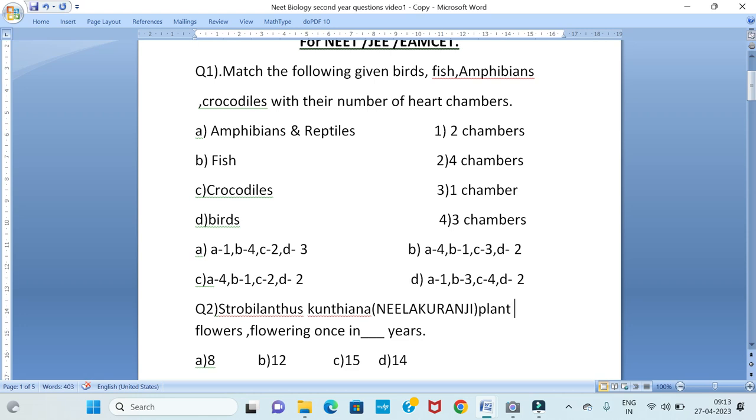So Strobilanthu has 12 letters. So 12 years, because I am deleting one S. Like that you can remember. Kunthiana, K-U-N-T, cut, I am cutting the last S, so it contains 12 letters. So once in 12 years, that plant will flower.